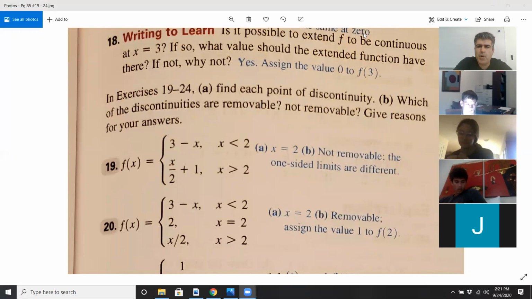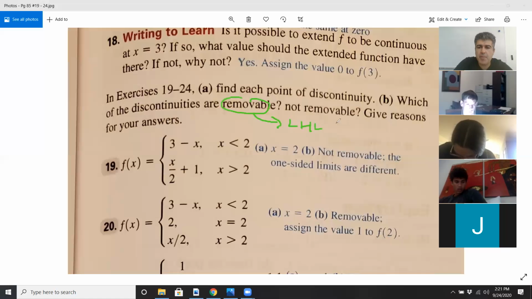Oh, sorry. The question was, why is 19 not removable? Got it. Well, it's actually a jump. So to be a removable discontinuity, here's what has to happen.